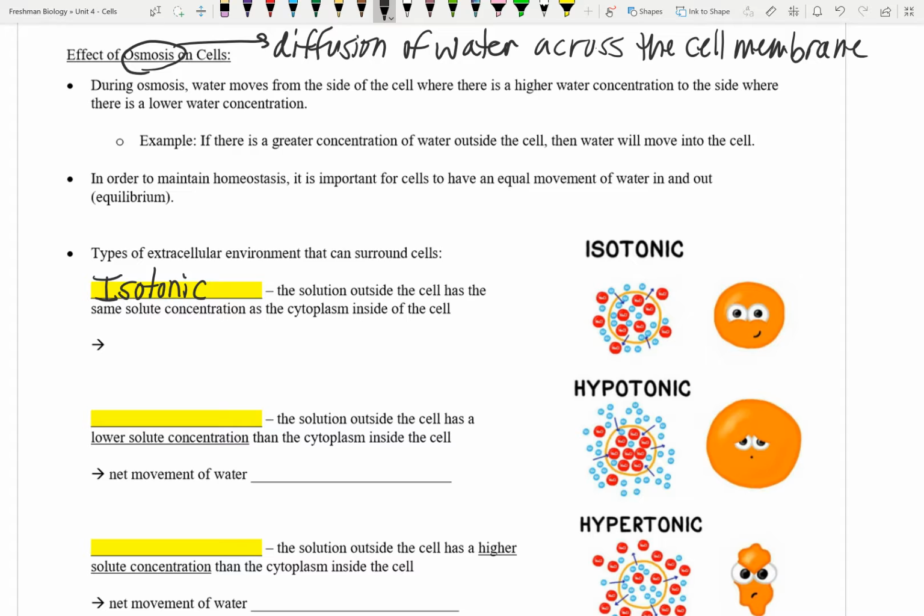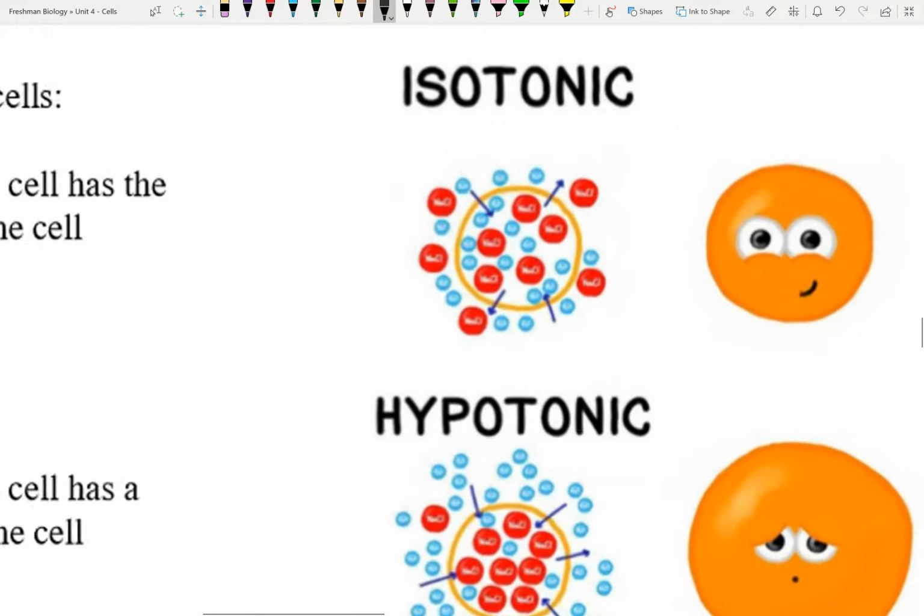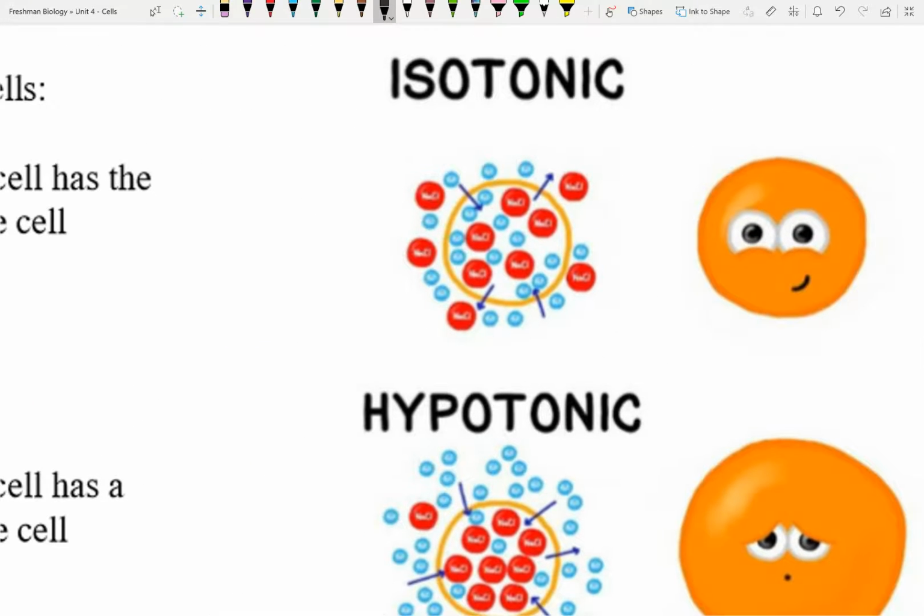You generally want to think about cells as being surrounded by watery fluid. But they're not going to be surrounded by pure water. They're going to be surrounded by water that has stuff dissolved in it. And here, zoom in on this picture, we have a visual for what it's like when a cell is surrounded by a solution that is isotonic. So let's add in a little key here.